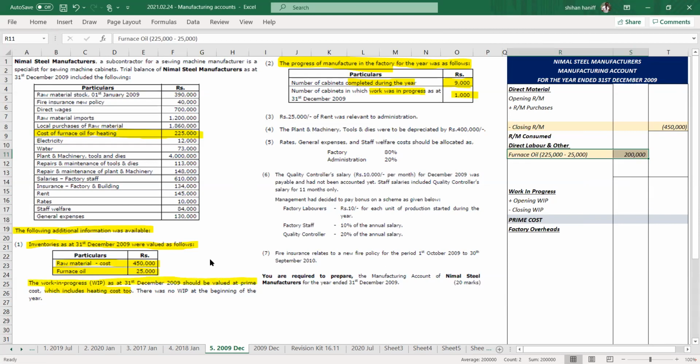They have not given the work in progress value, so we need to find it out. There is no work in progress at the beginning of the year, so the opening is 0. Closing we need to find out. To find this, you need this information because the number of cabinets in work in progress is 1,000. Okay, let's continue.